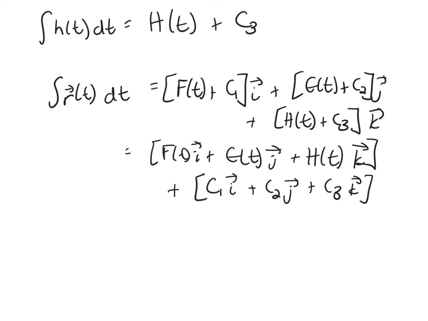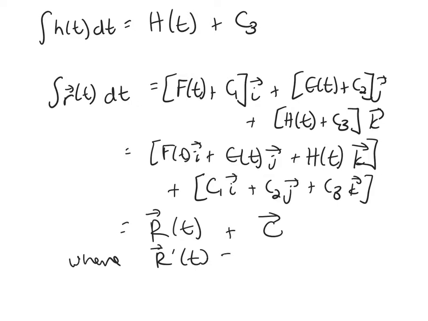So we can just relabel this plus a constant here. We can relabel that as a vector. So it's an antiderivative r of t plus a constant vector c, where r prime of t, that's an antiderivative.